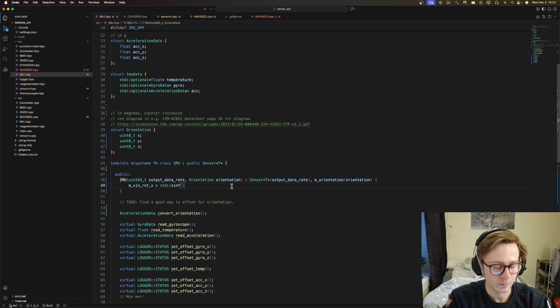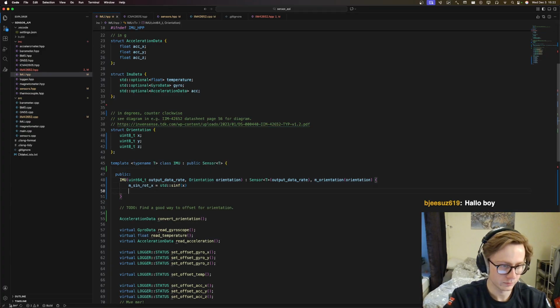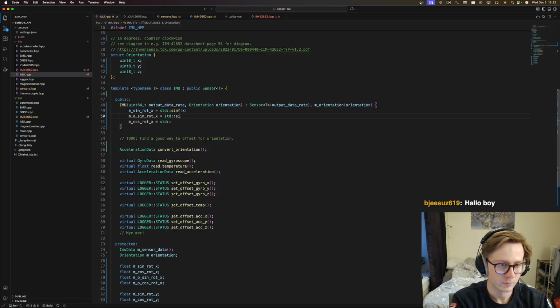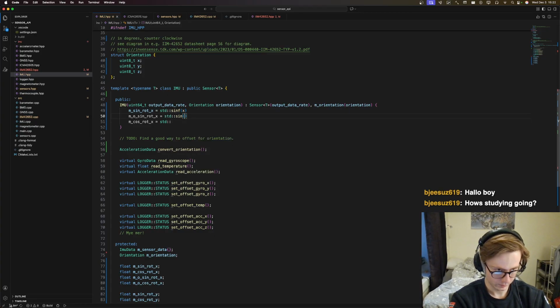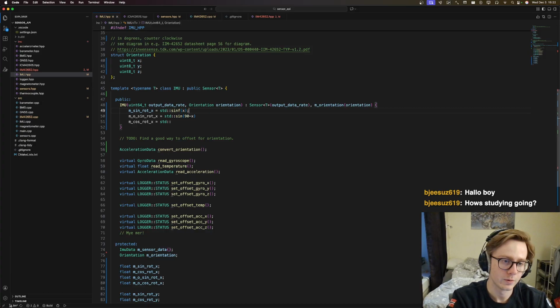Then we pass in this is rotation around the x-axis. Then we have rotation around... Let's do this one first. So this will be 90 minus x. I feel like this is kind of risky way of doing it.